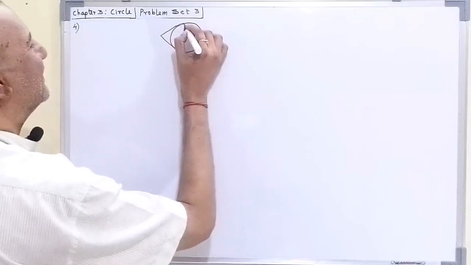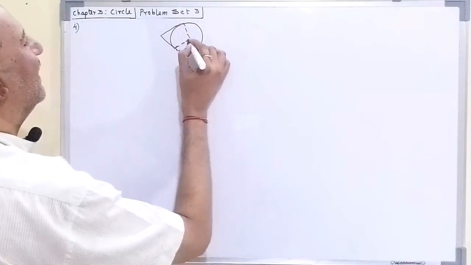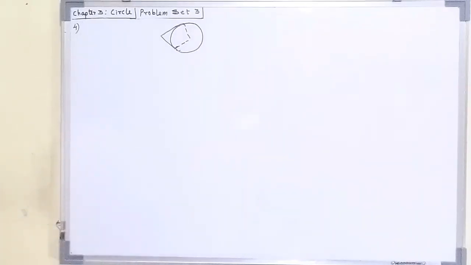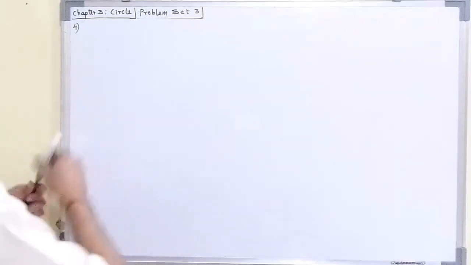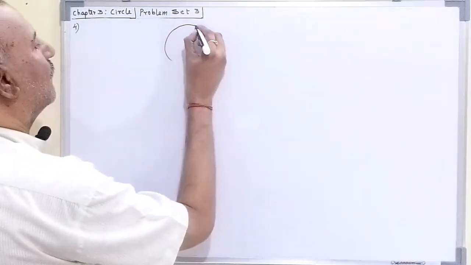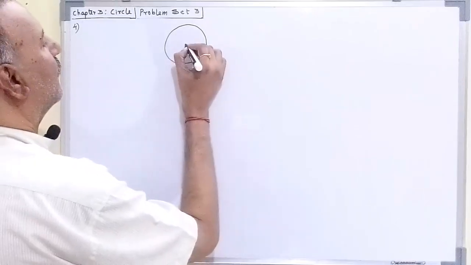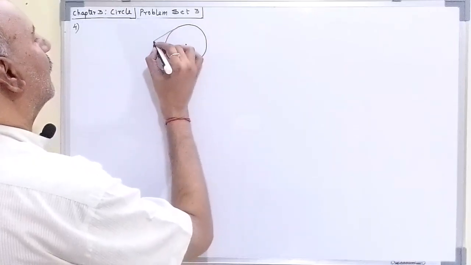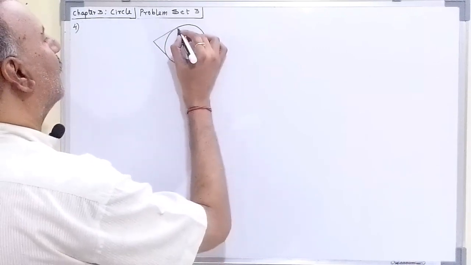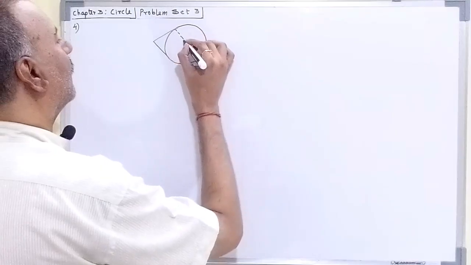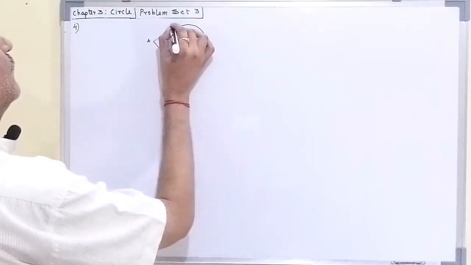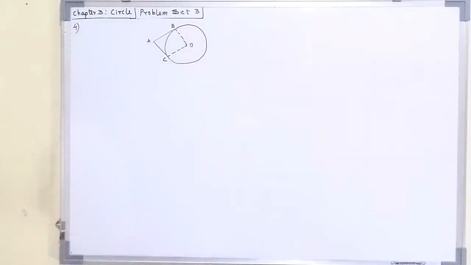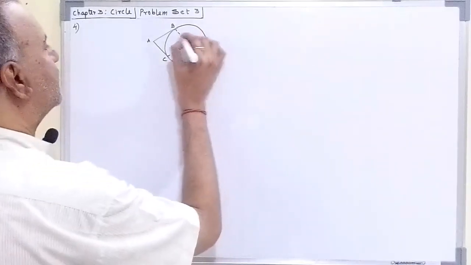It should at least appear like a square. ABOC. Now this is radius. This also is given as R.